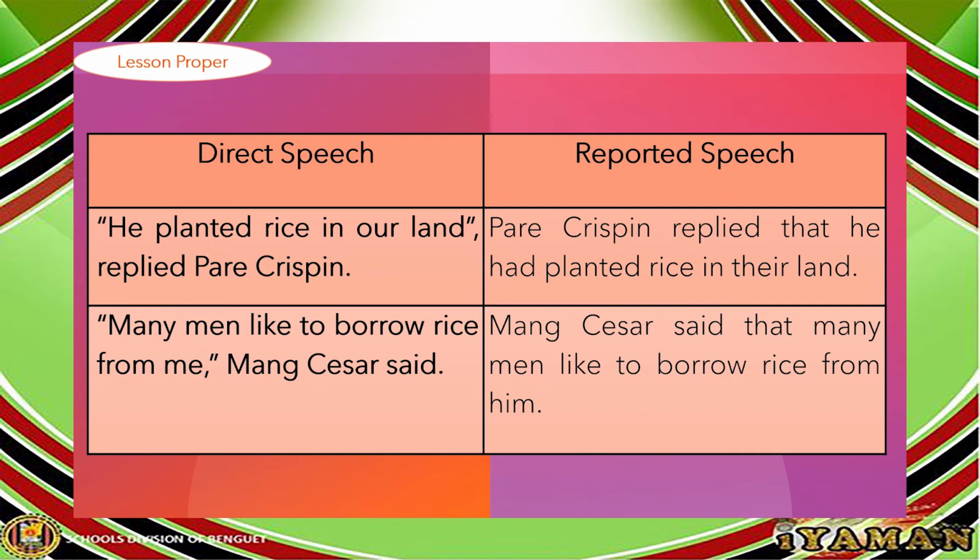In this sentence, you can notice that there is a quotation mark. When we put it into the reported speech, it becomes, Mang Cesar said that many men like to borrow rice from him. There you go. The quotation mark is removed and the sentence was revised.